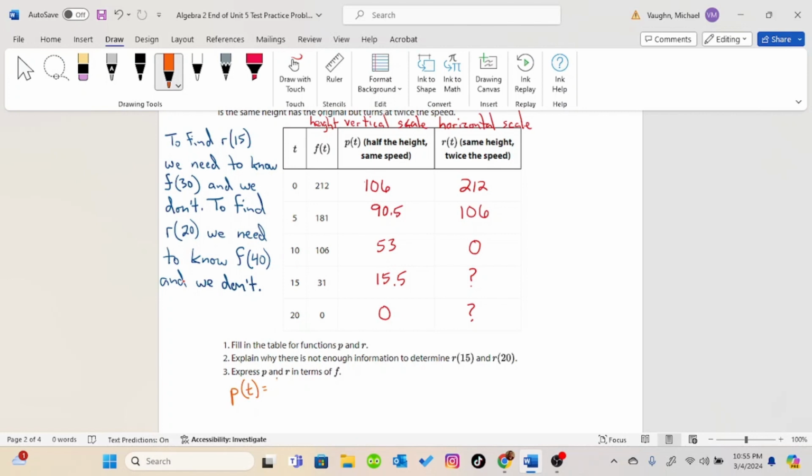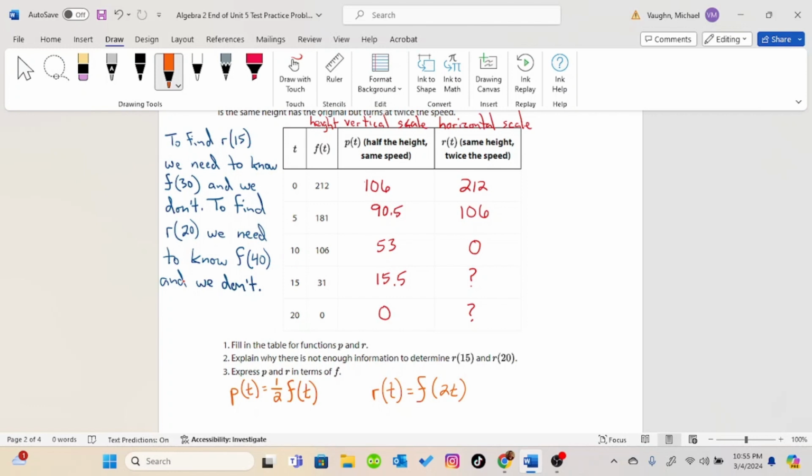So we're going to say that's 1/2 F of T. On the other hand, to find R of T, we needed F of 2 times T because it was going twice as fast.